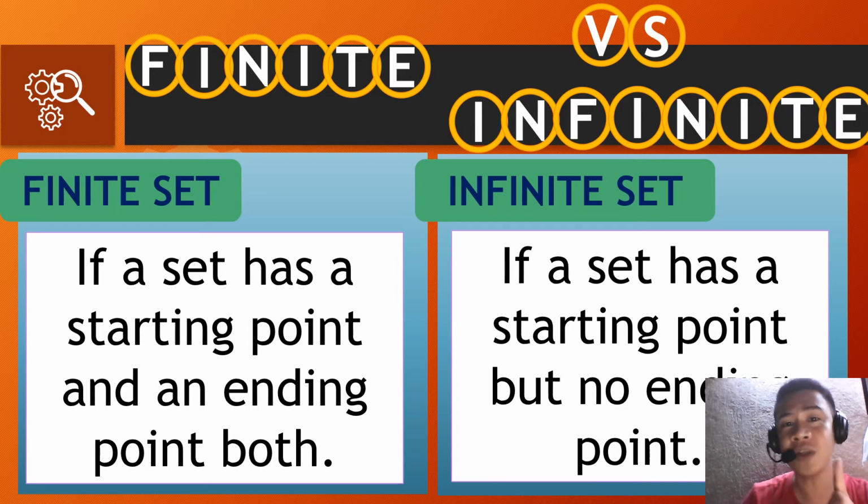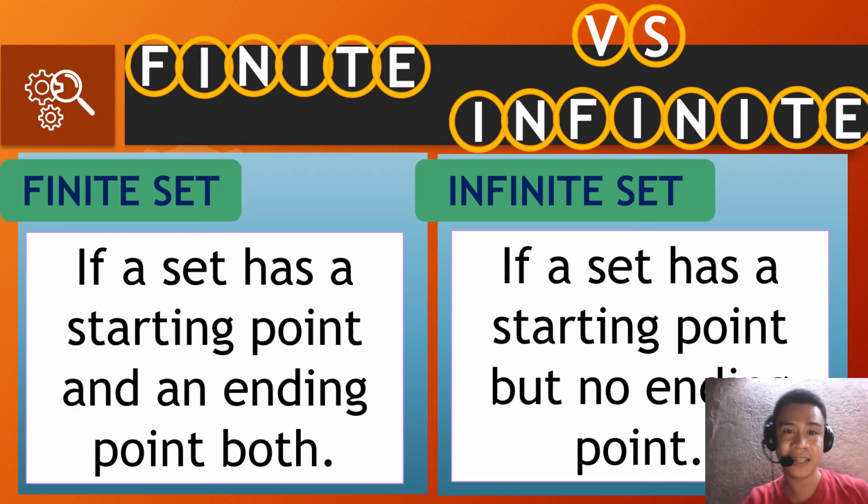Okay, so points to identify whether a set is finite or infinite. Ito po yung mga tatandaan natin kung masasabi natin yung isang set is an example of finite or infinite set. An infinite set is endless from the start or end, unlike a finite set, where both start and end elements are there.